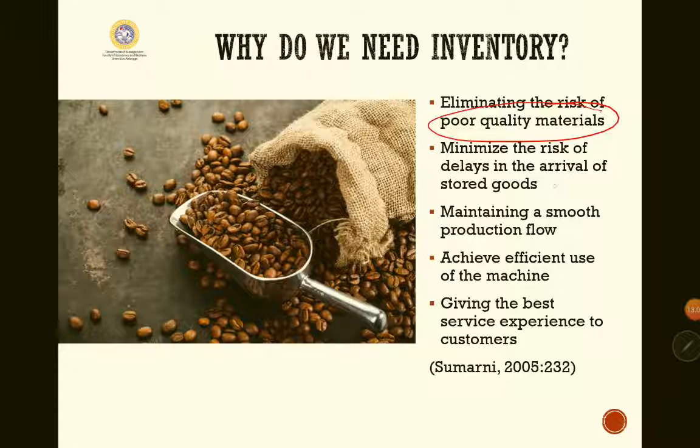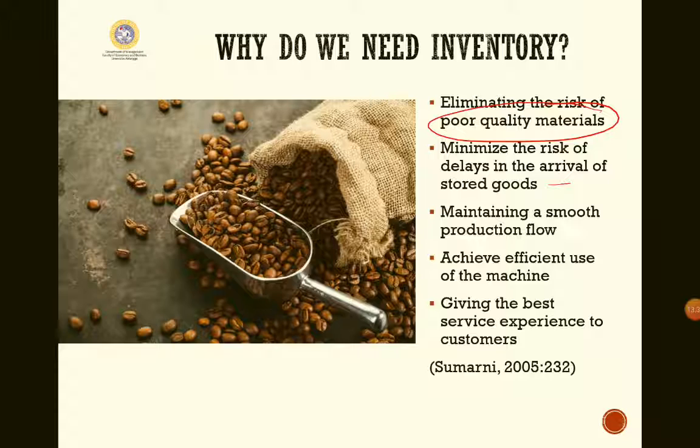Another reason why we really need inventory, even though you can choose to not have inventory, just like I mentioned in lean inventory management, is to minimize the risk of delays in the arrival of stored goods. Imagine in the distribution process, your supplier had some trouble on the road, so this is the way we minimize the risk.